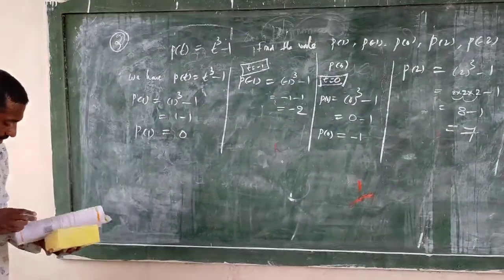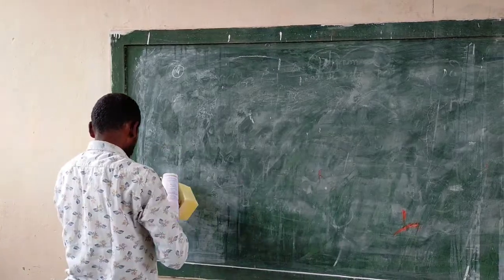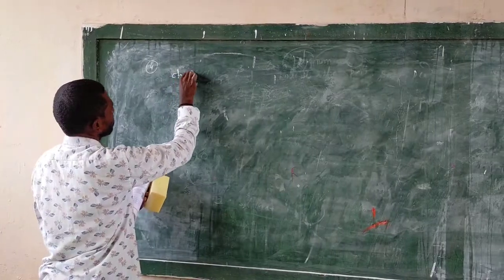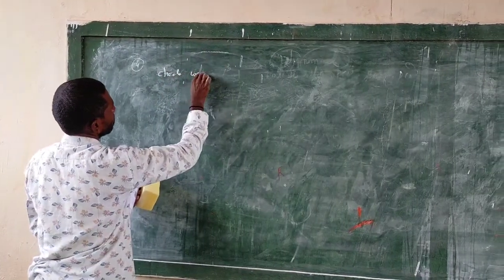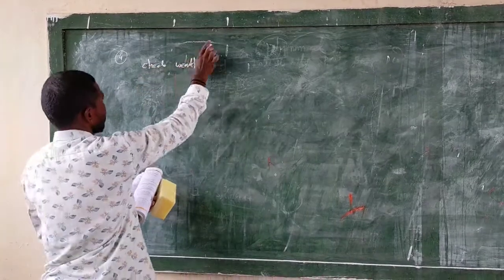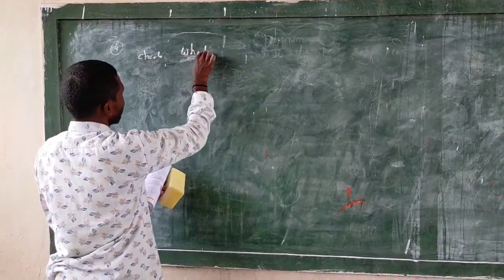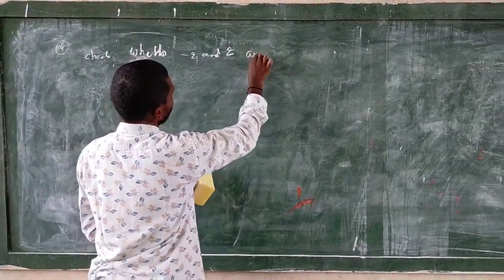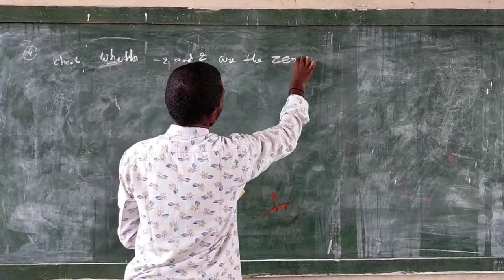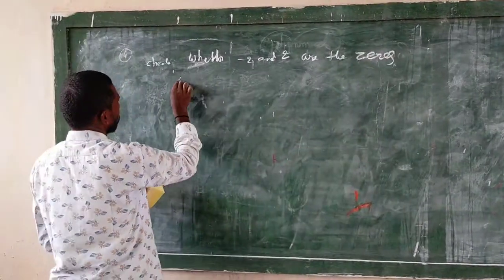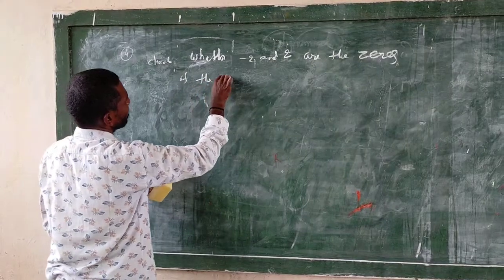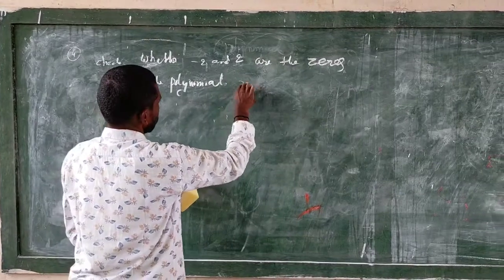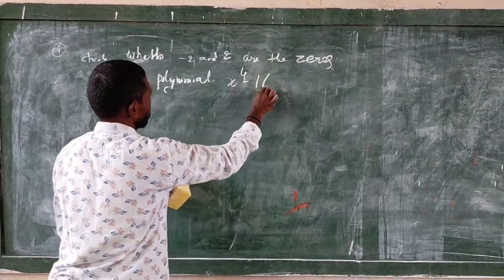Next, last one, fourth question: check whether minus 2 and plus 2 are zeros of the polynomial x to the power of 4 minus 16.